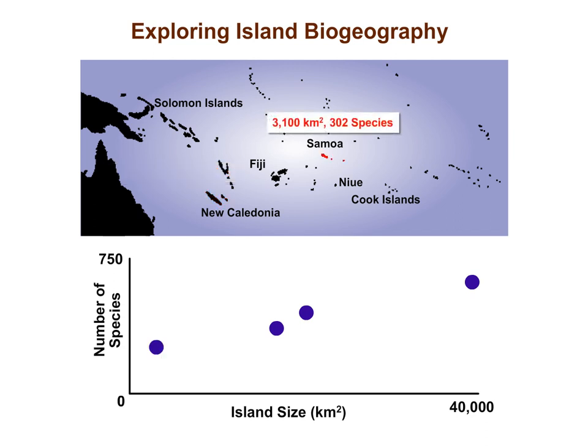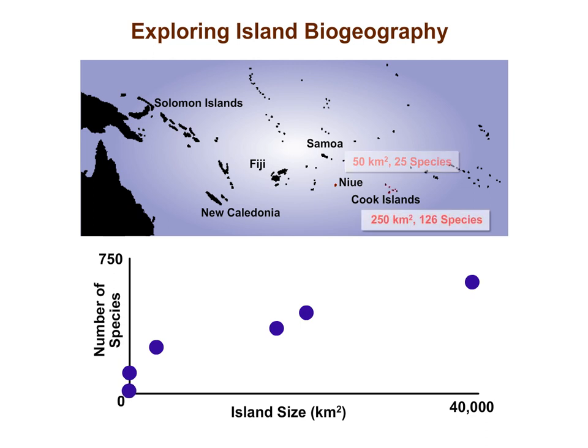Samoa is 3,100 square kilometers and has 302 plant species. Niue is 50 square kilometers and has 25 plant species. Cook Islands are 250 square kilometers and have 126 plant species.